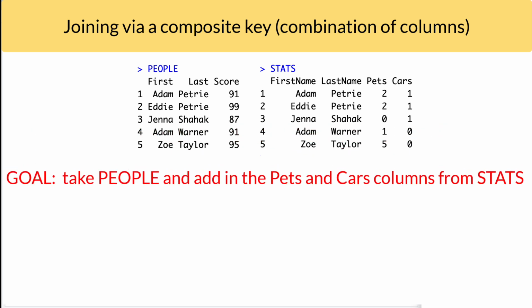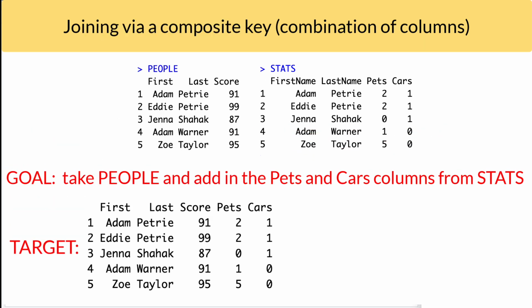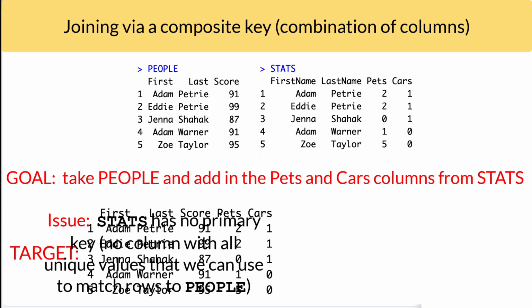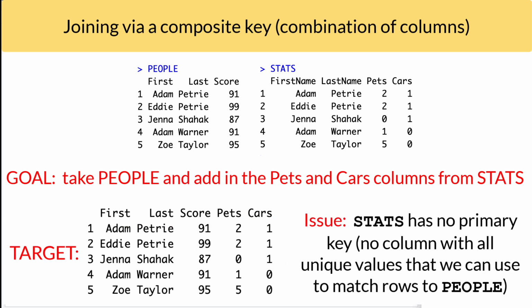Now, if we wanted to start with people and add in the information from stats, namely the number of pets and the number of cars, we couldn't just match on the first name since there are duplicate Adams, and we couldn't just match on the last name since there are duplicate Petries. Neither first nor last names by themselves uniquely identify a person.